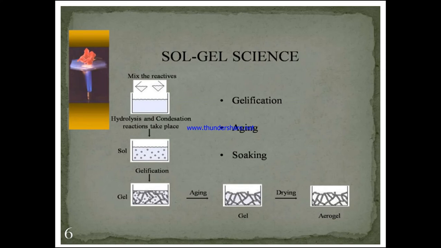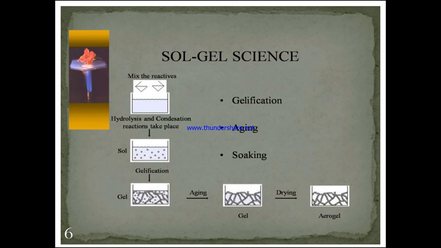So what we get right now is a combination of metal oxide and alcohol in a liquid state, so we have to dry the gel.